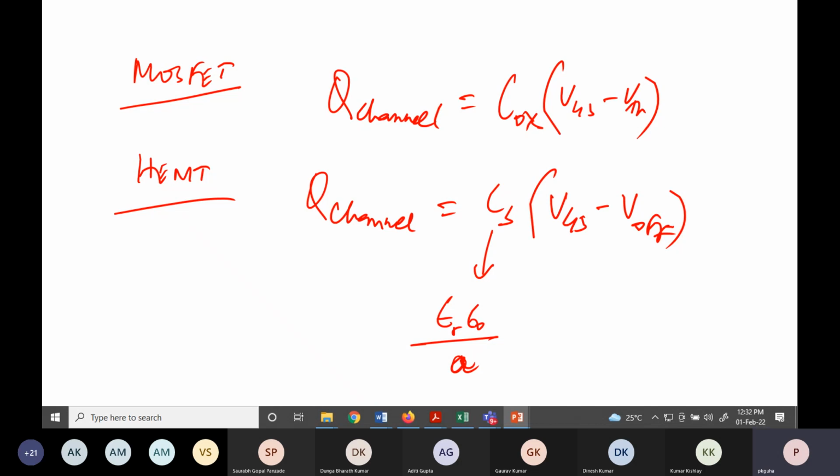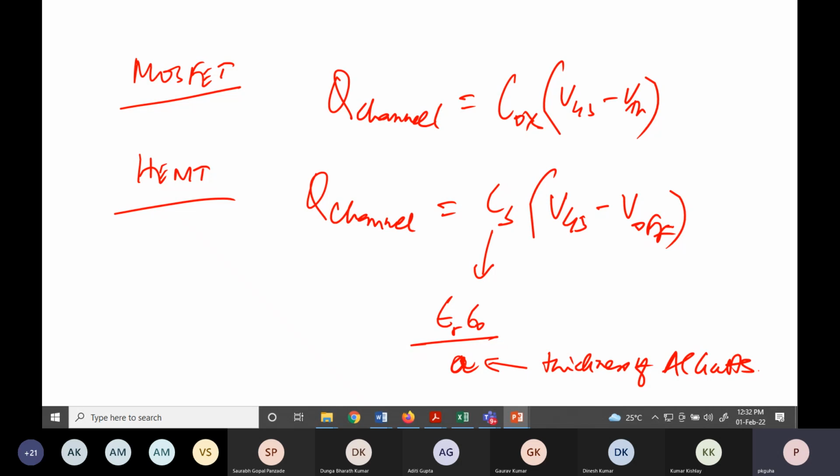A is the thickness of the aluminum gallium arsenide in this case, so the lower the A, the higher will be CS.